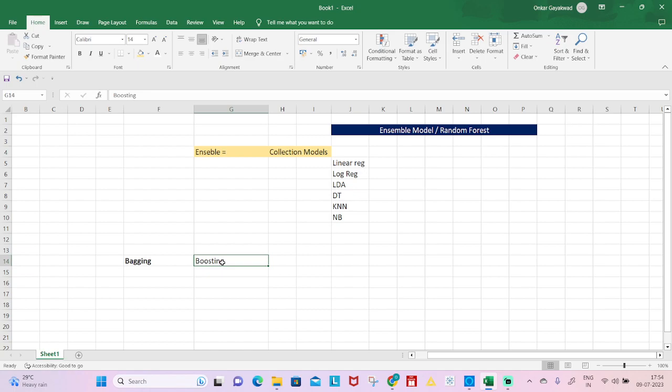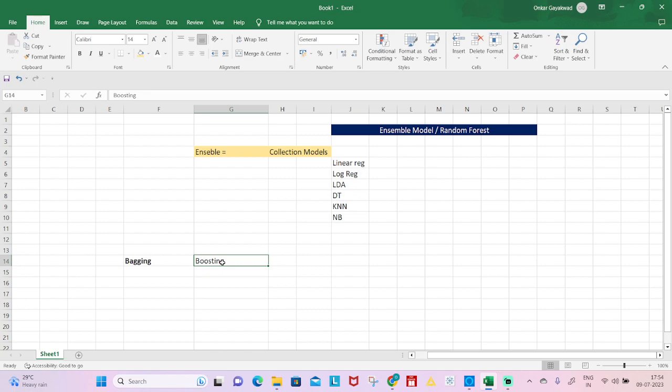So what we did was we pruned the trees, right? We changed some hyperparameters so that the trees don't overfit and give a valid outcome. So bagging and boosting are the two ways in which I can combine multiple decision trees.